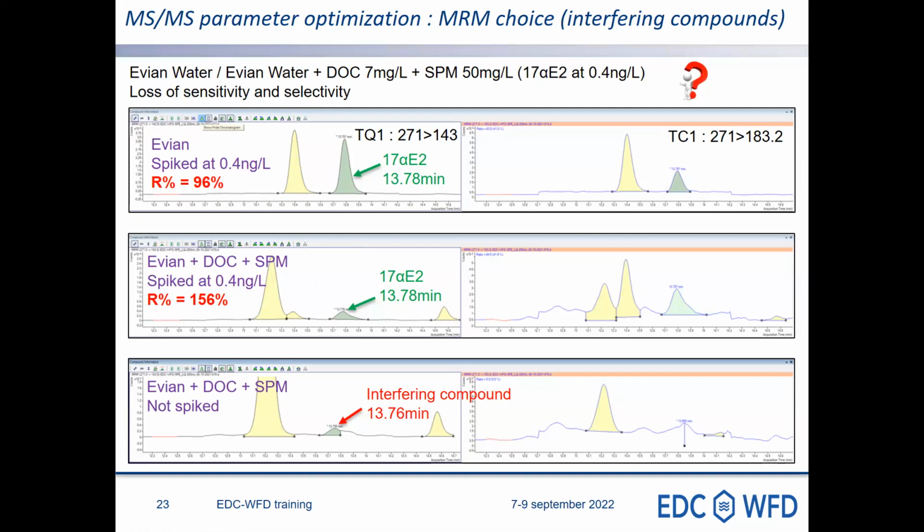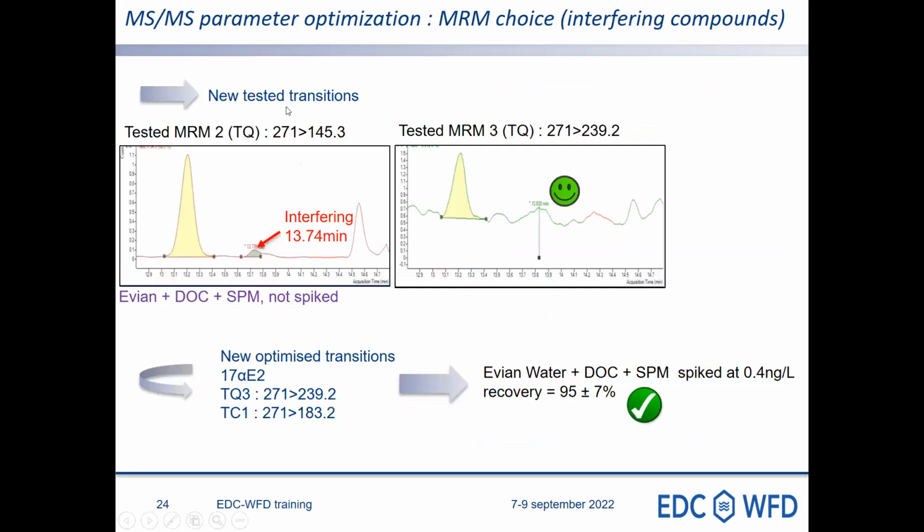We had so many drawbacks within the project. When we addressed more complex matrices, we were obliged to come back to the optimization of our instrumental method to introduce more specific transitions, and we did not expect this drawback. Everything was started from scratch, from zero.